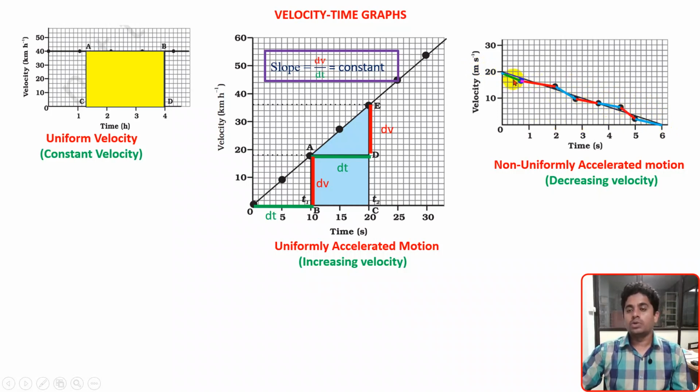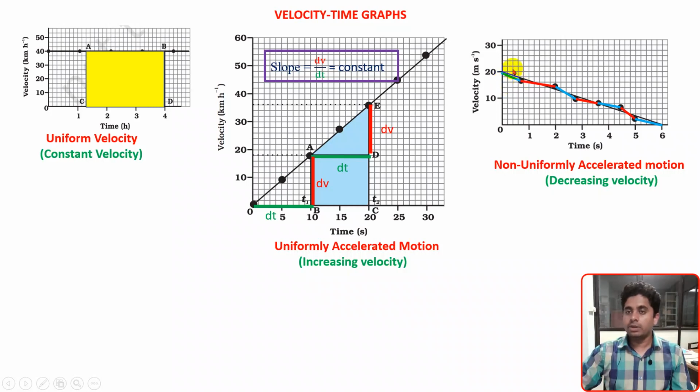Here we have one, two, three, four, five, six, seven small segments. Now, if I calculate the slope of each individual segment, or the ratio dv divided by dt, for this line this is the change in velocity, but in a negative direction, and this is the corresponding time interval.